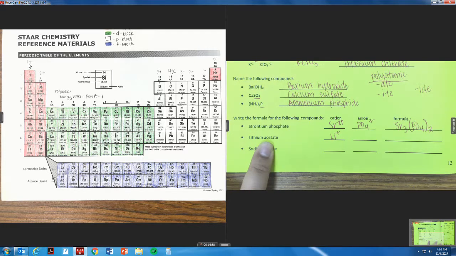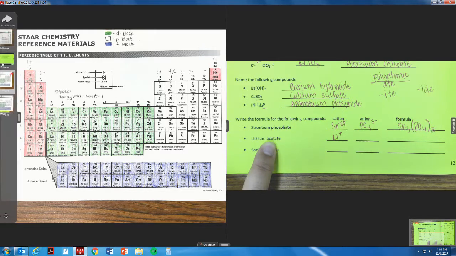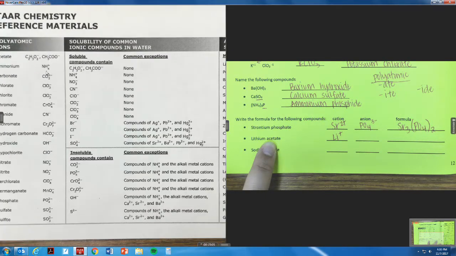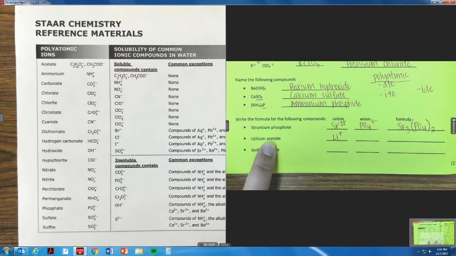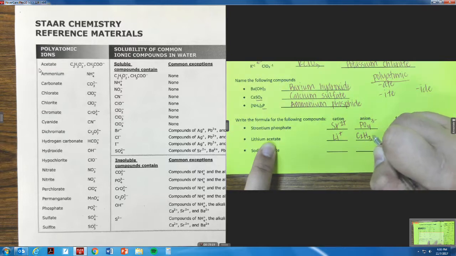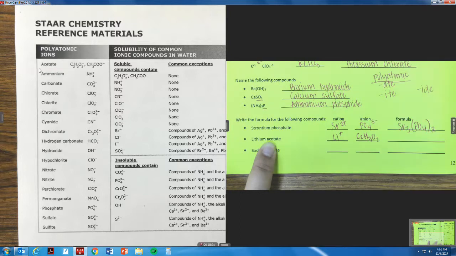And then acetate. Acetate is on the back of our periodic table, so let's take a look. Acetate is right here. So you have two options. It doesn't really matter which one you use. I normally use this one just because it's first. So it's going to be C2H3O2 with a charge of -1.